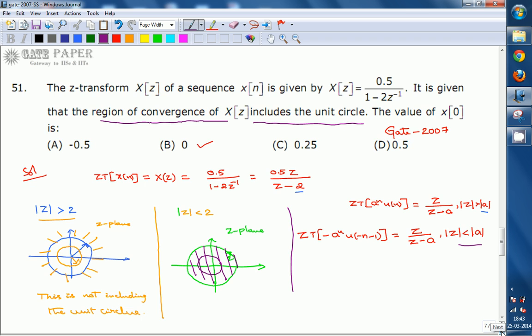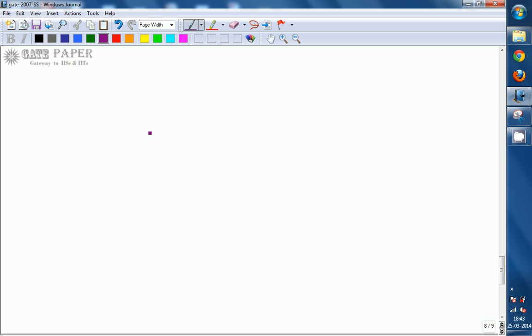Writing that, we get x(n) equals, with the 0.5 already there, minus 0.5 times 2^n u(-n-1).